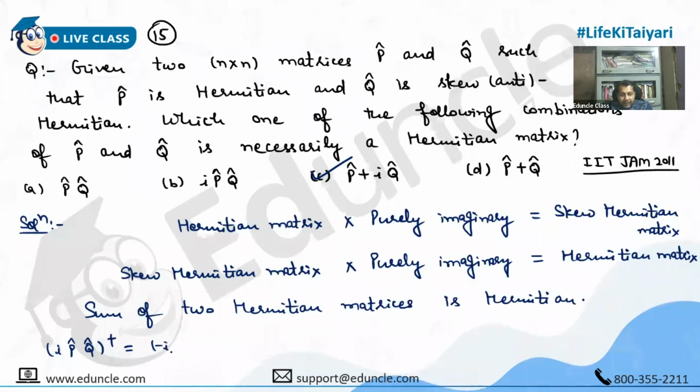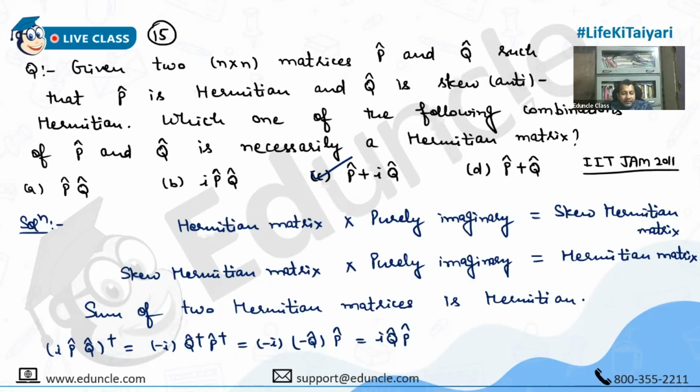So this will be minus iota Q dagger P dagger, and Q is anti-Hermitian, so it will be minus Q. P is Hermitian, so it will be P. So it is iota QP, not iota PQ. So there is a difference between iota PQ and iota QP. So I cannot tell anything about the nature of iota PQ.